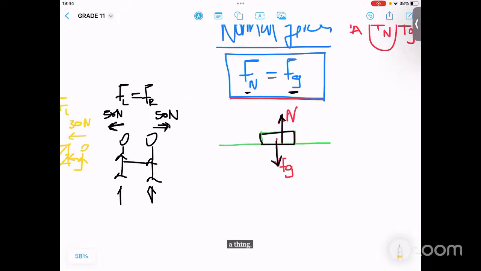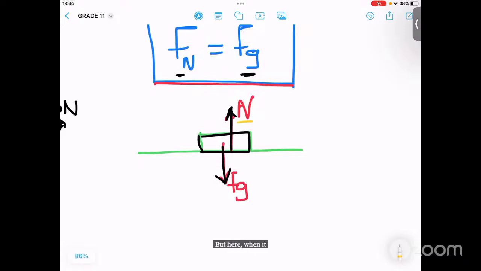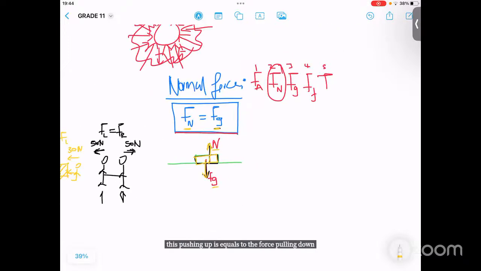But here, when it comes to the normal and the FG, the normal is always acting upwards, and the FG is always acting downward. The question now is, this object, is it moving? No, it's not moving. That is why we say the force pushing up is equal to the force pulling down. But do not think that much about this one.